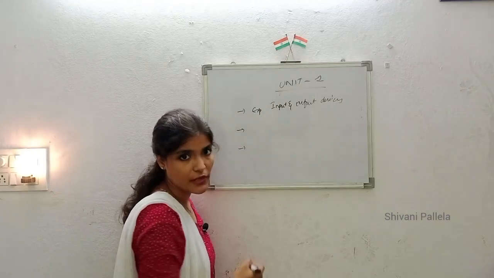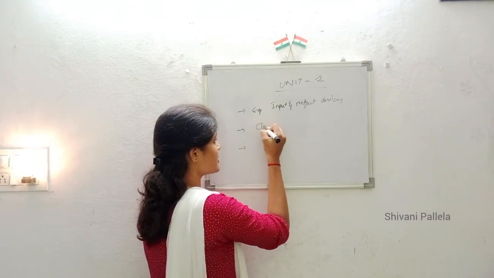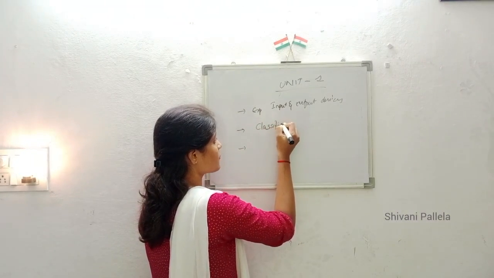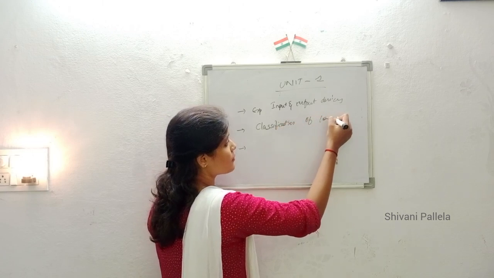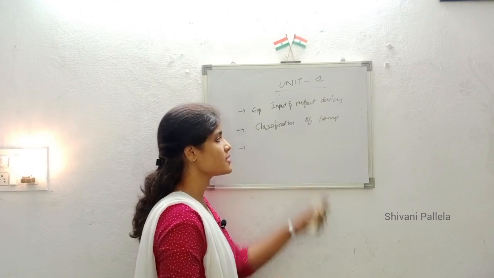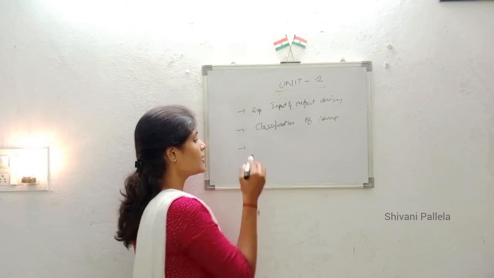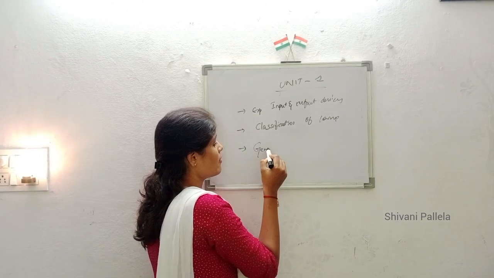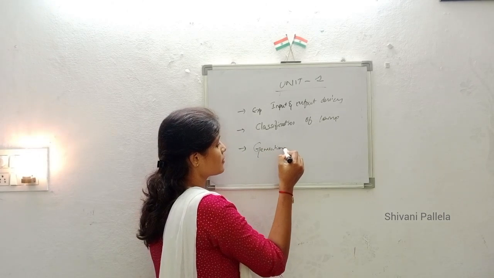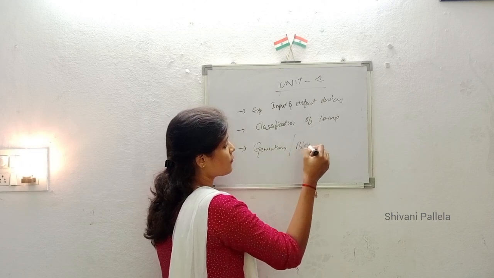This is an important question. The second question is classification of computers, or you can also call it types of computers. And the third question is generations of computers or block diagram of computer.